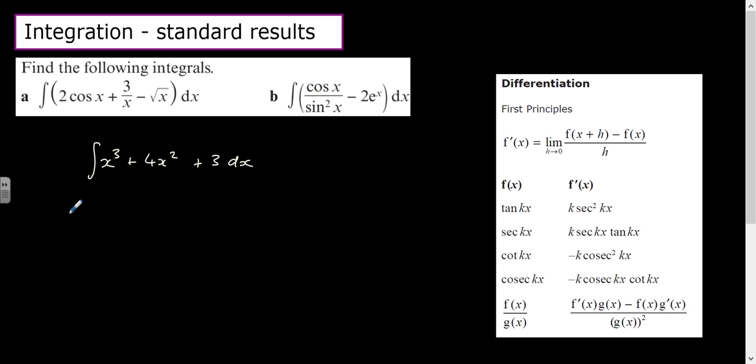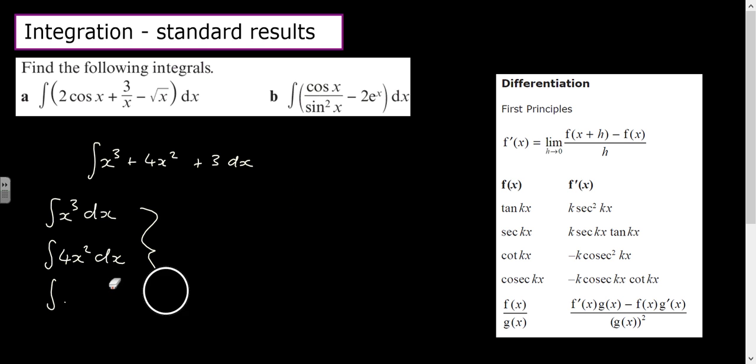So essentially what you're doing here is actually 3 integrations. You're integrating x cubed with respect to x, you're integrating 4x squared with respect to x, and you're integrating 3 with respect to x. And you're putting all these together at the end to get your integral of the whole function. So that's just a kind of description of what you probably already do without thinking too much about it.